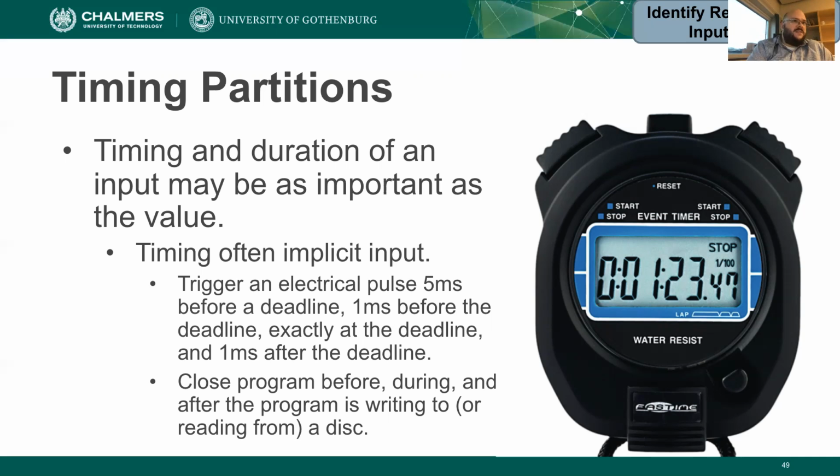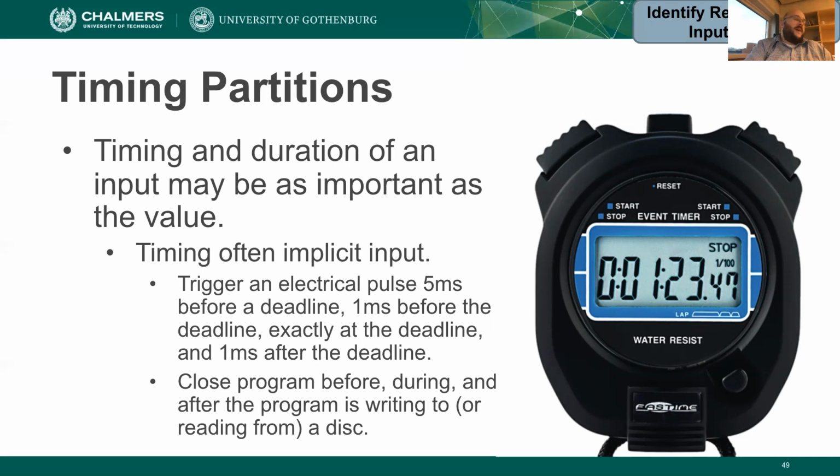For example, consider a pacemaker. It's an implanted medical device that tries to ensure that the heart beats at a regular rhythm. The pacemaker is reading electrical impulses that represent your heartbeat, and if it doesn't see one within the right timing window, it will shock your heart to try and get things back into regular rhythm.